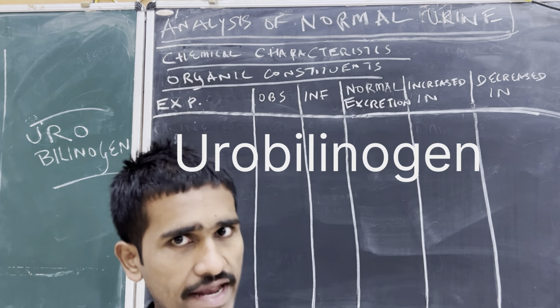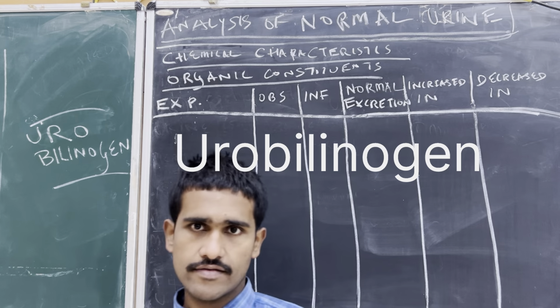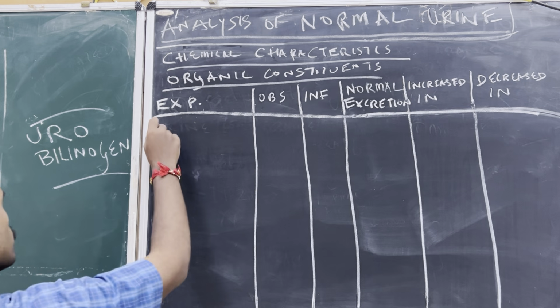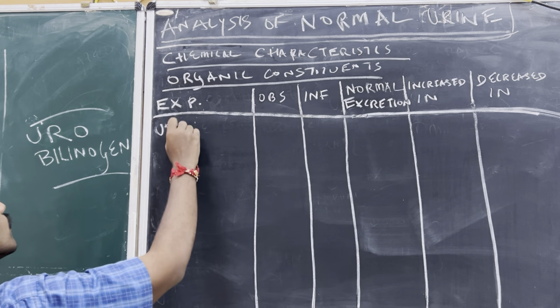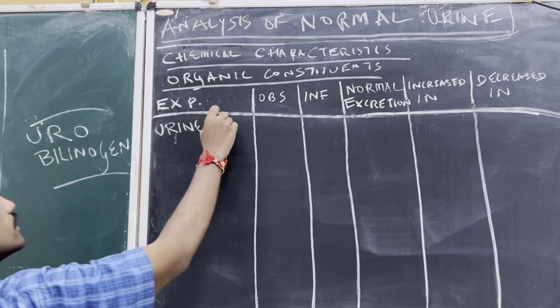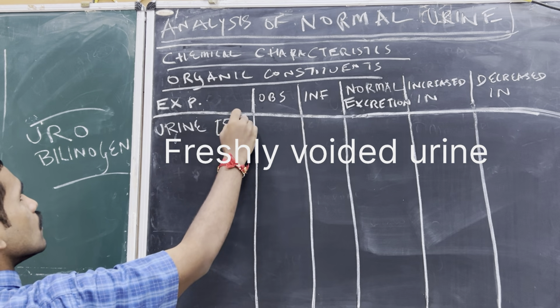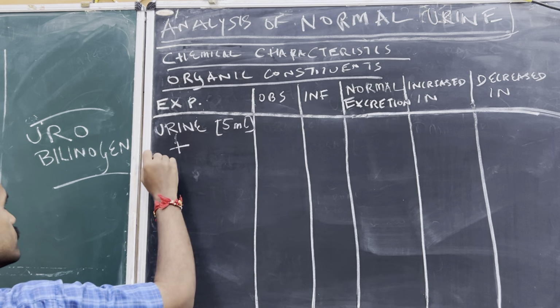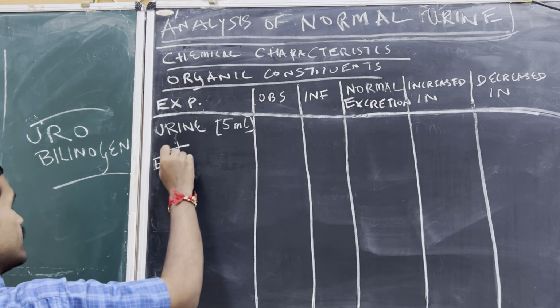The next organic constituent which we'll be discussing is urobilinogen. So what is the procedure? We take urine, we add Ehrlich's reagent, this is important, Ehrlich's reagent.